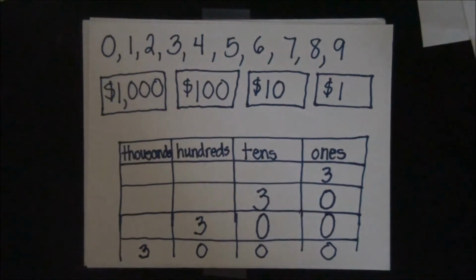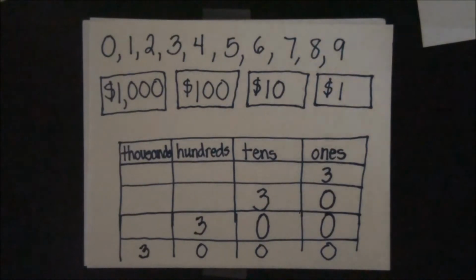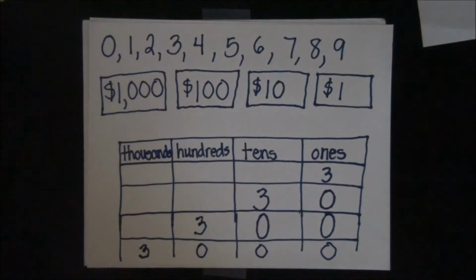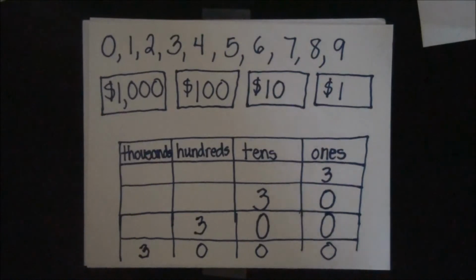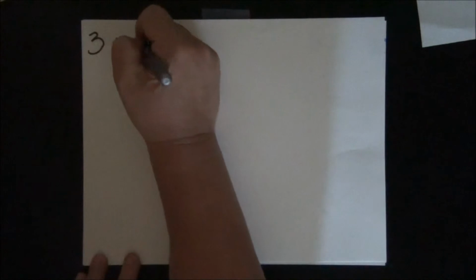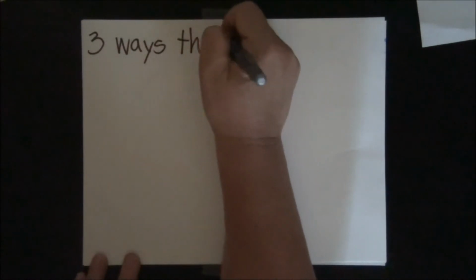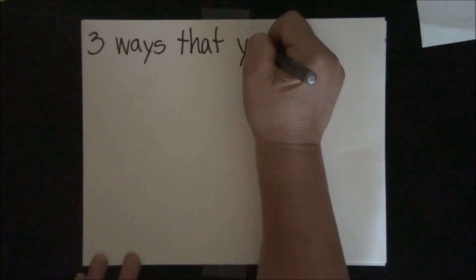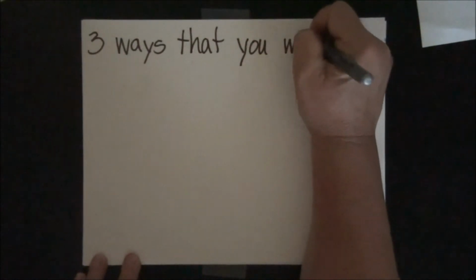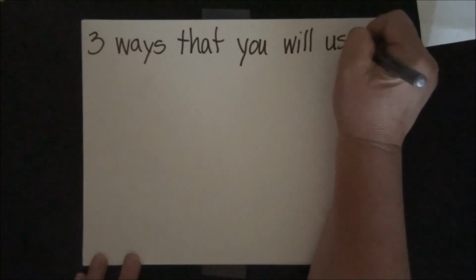Now, I want to show you 3 ways that you're going to use this in class, because there are 3 subsets underneath this standard that you're going to need to be able to use this skill for. 3 ways that you personally will use place value in class.